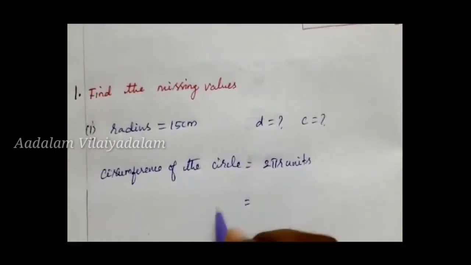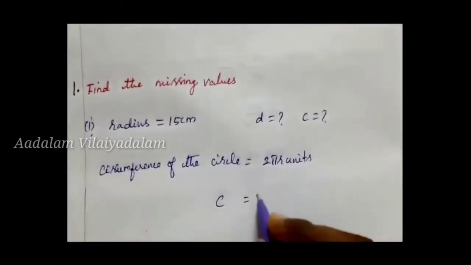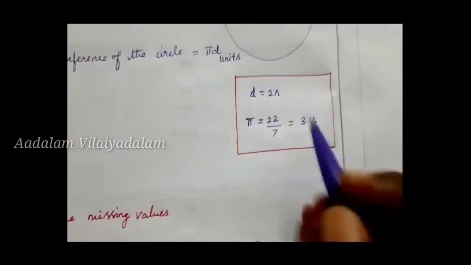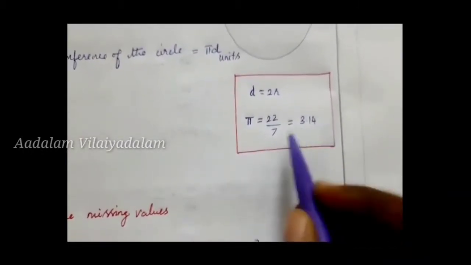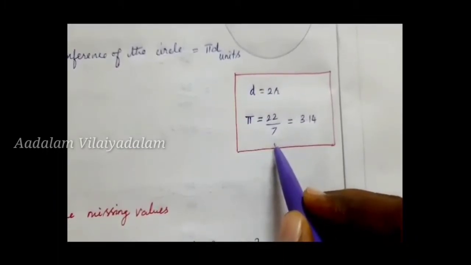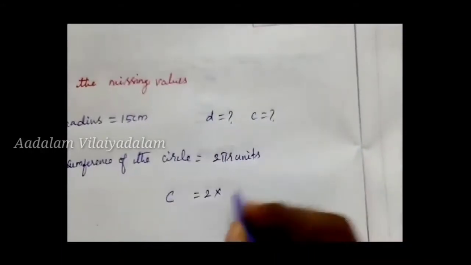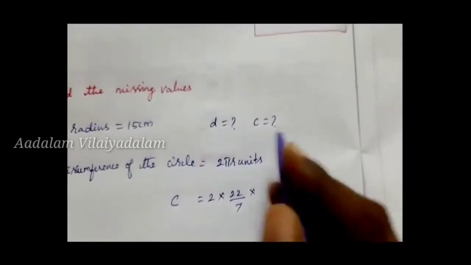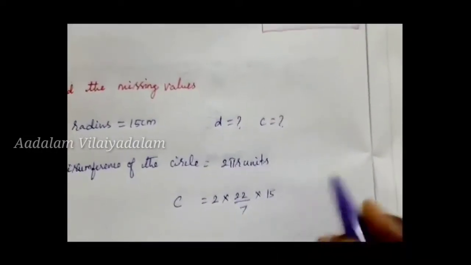So to find C, 2 pi r, the pi value is given in the question, or you have to remember it, that is 22 by 7, or you can substitute 3.14. 22 by 7 into the r value given, that is 15 centimeter.